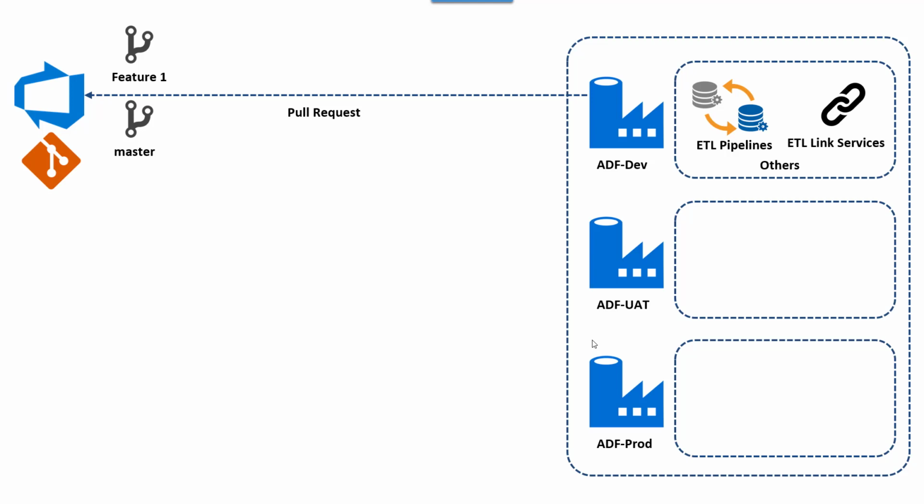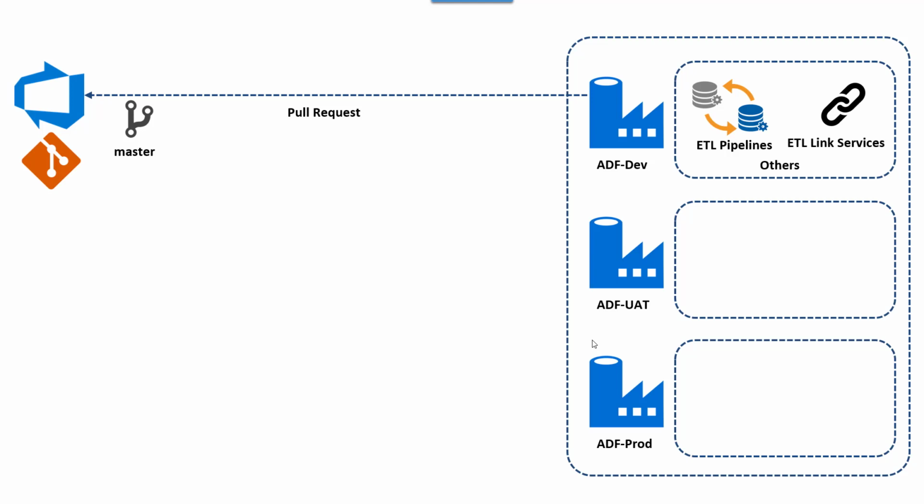Once I raise the pull request, it means that I would like to merge my changes from feature one to the master branch. Once I merge feature one into master, it means all the new ETL pipelines from the feature branch now exist in the master branch.